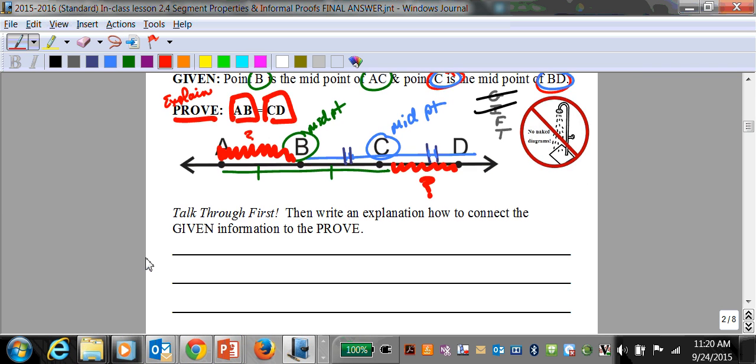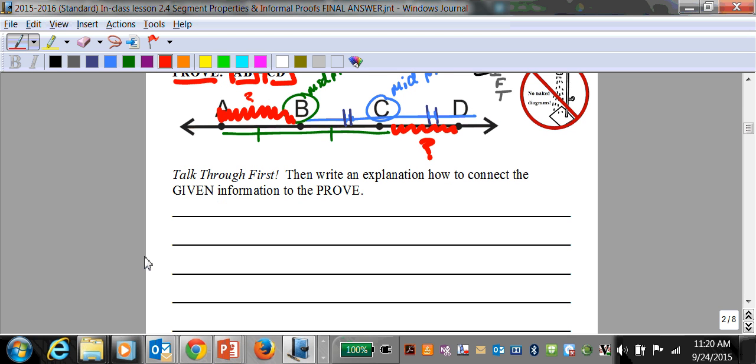And I will even give you the first sentence, and I'll almost give you the last sentence. I know that, blah, blah, blah. Why do you know it? Because given. Period. No, that's the first sentence.